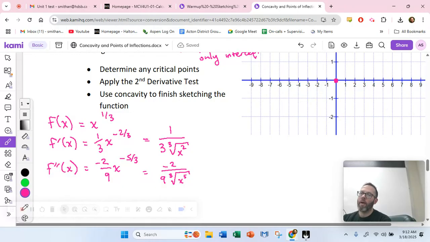Let's find the critical points. I'm going to let you guys talk with your partners for a second. Are there any critical points for this function? I'll let you guys chew on that.